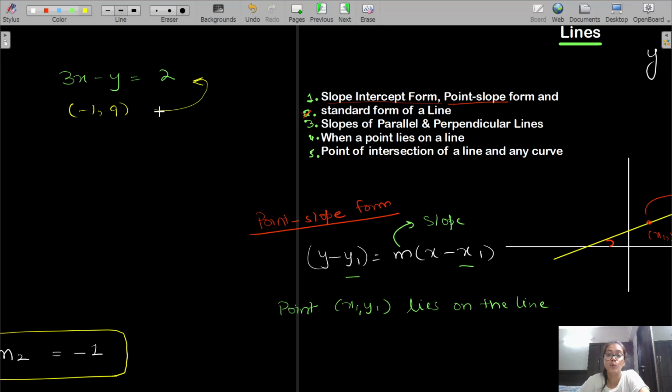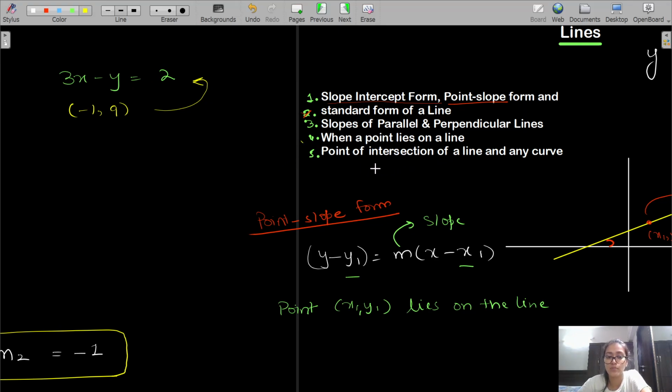That means this point will make the equation true. So if you substitute x equals -1 and y equals 9, then the left hand side of the equation will become equal to the right hand side. This is really helpful, especially when it's been given that the point lies on the line and you have to find the slope. So that's the second last concept.